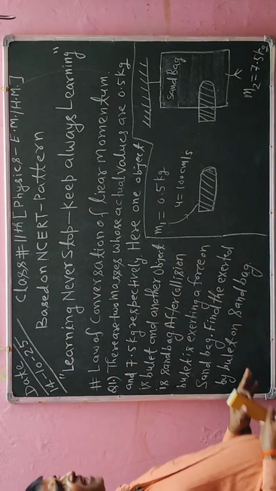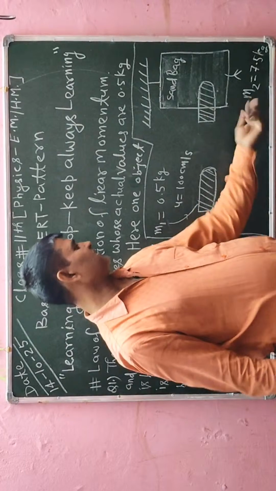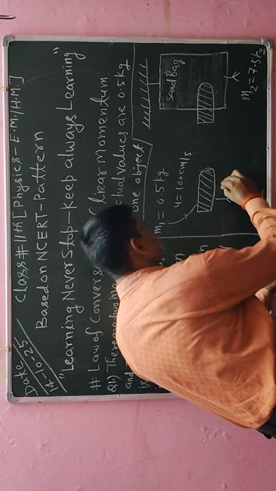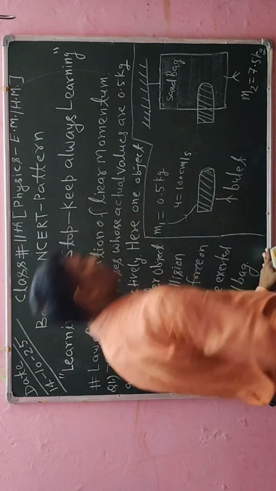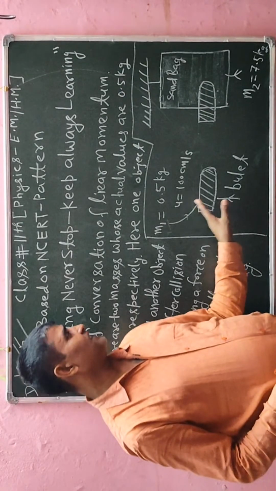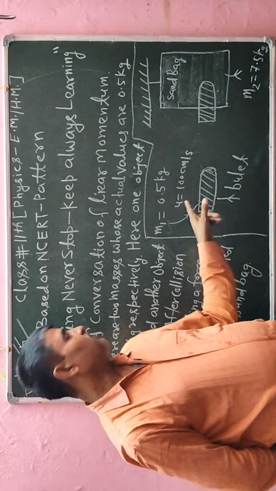Okay, students, so here I have taken two objects. One object is the bullet and the other object is the sandbag. Concentrate here to understand this question clearly. Before the collision, the momentum will be m into u.